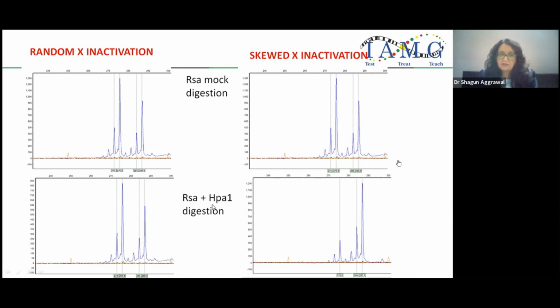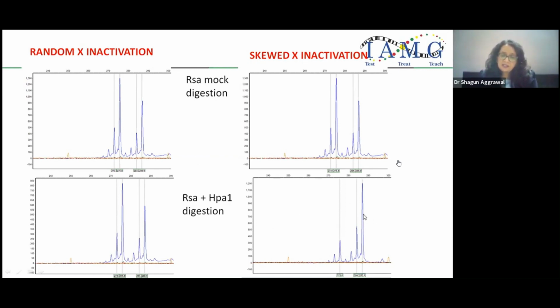First we digest that particular region of the X chromosome using this enzyme, and then we get two peaks which represent the two X chromosomes. After the digestion with the methylation-sensitive enzyme, we would expect these peaks to be the same for both chromosomes if they are randomly inactivated.